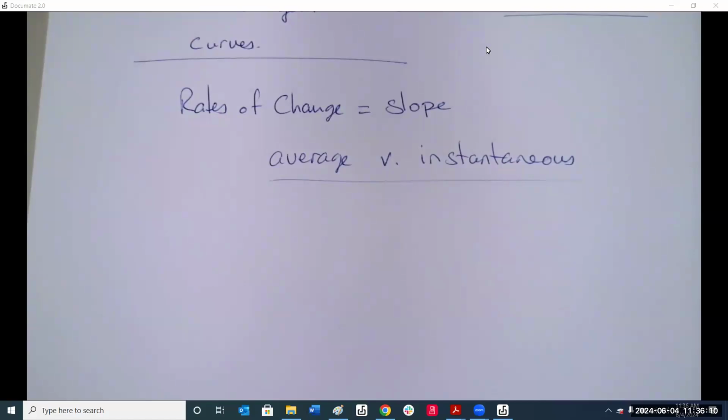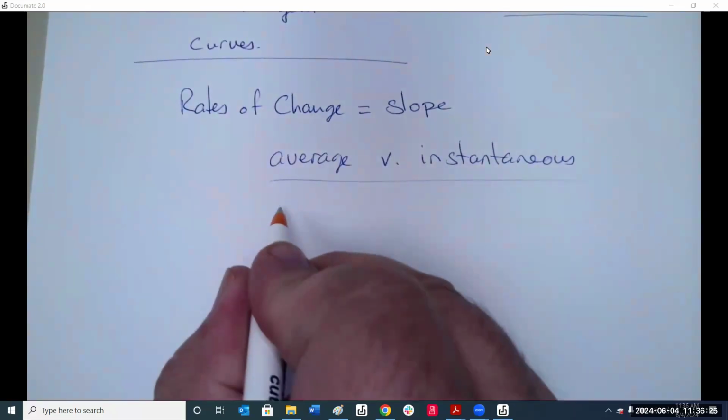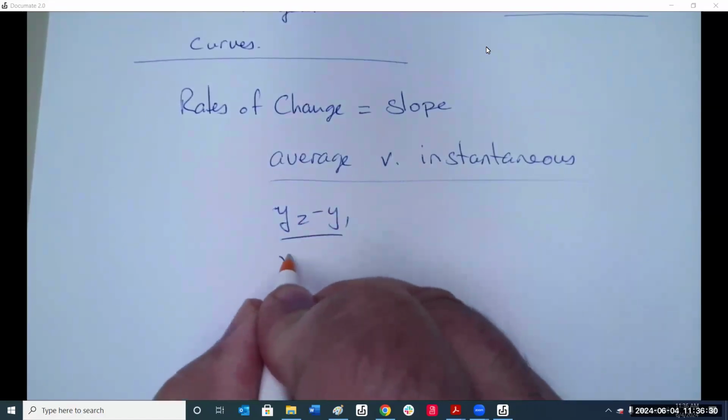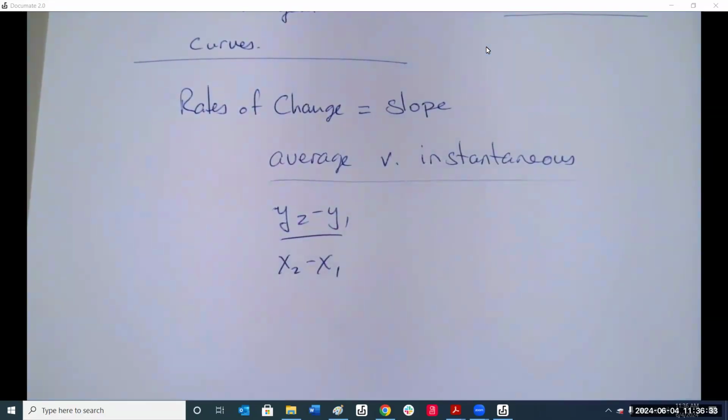What formula do we use in algebra to find the average rate of change of a curve, of a line? Again, it's a slope. Average rate of change is a slope. So an average, you have to have two pieces of information and compare them.